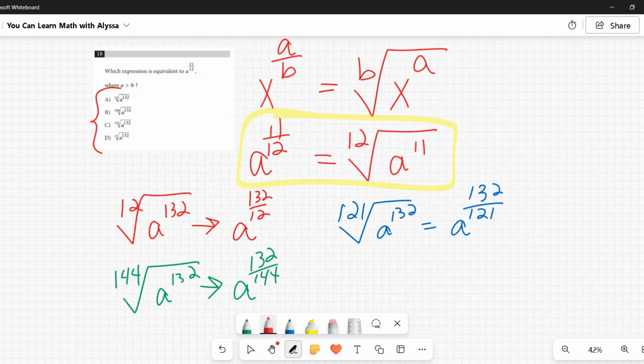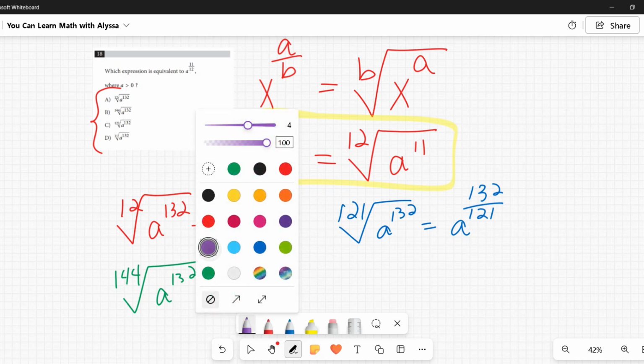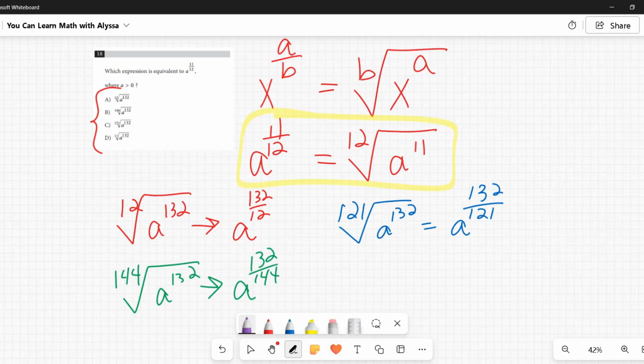And then our last one, the 11th root of a to the power of 132, is going to be a to the power of 132 over 11. And one of these is equivalent to a to the power of 11/12.